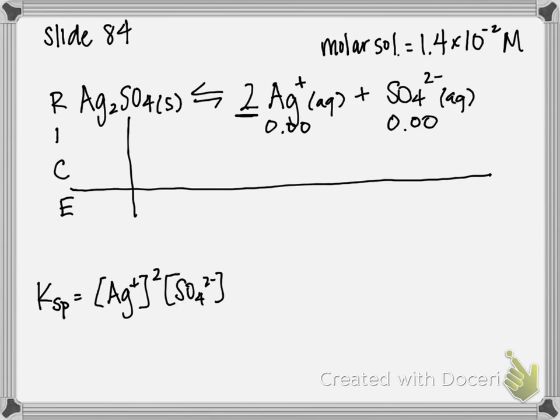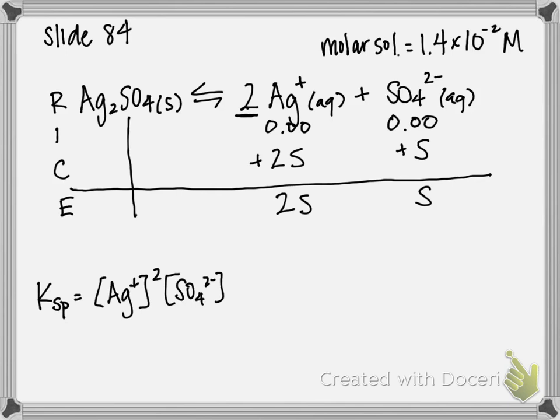And because this reaction is proceeding towards the products, we're going to add, and for silver it's going to be plus 2S because of the 2 in front of the silver. And for sulfate, it's going to be plus S. So at equilibrium, my concentration I can represent as 2S for silver and S for sulfate.